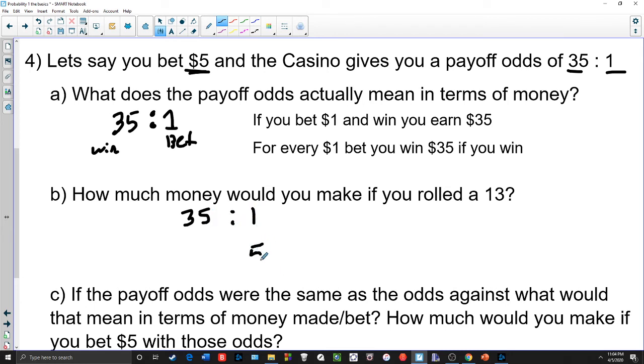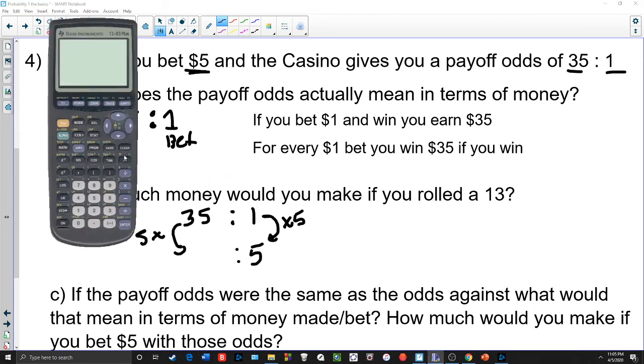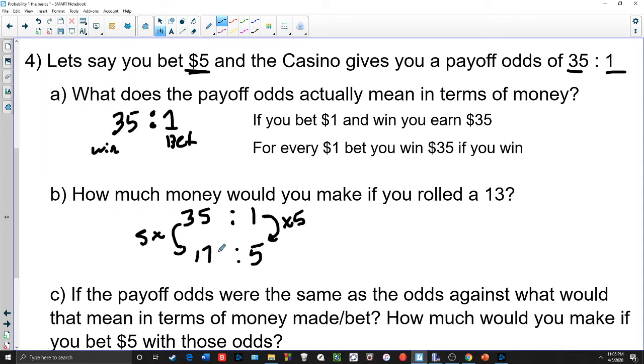I'm betting 5 times more than 1, so my winnings should be 5 times more than 35. 35 times 5 is 175. So if you bet $5, you would make $175, which means the casino would actually pay you $180.